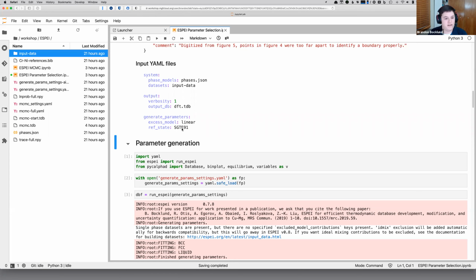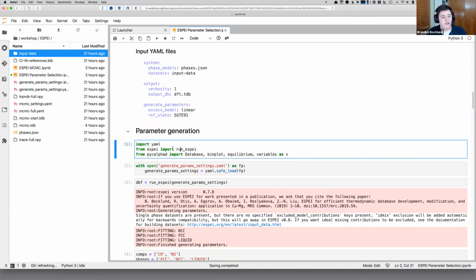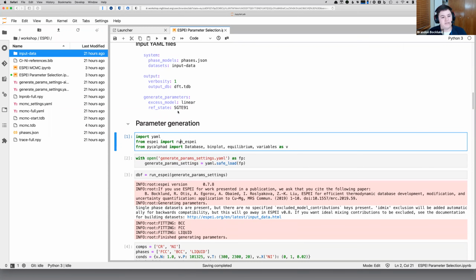If you're not familiar with that, you don't have to worry about it. As I mentioned above, you can bring your own reference state, and that's why we have this key here. You can maybe create a unary for Chrome if you like, and then you could call it Bocklund 93 or whatever you want. There are ways that you can tell ESPEI where to find those, and we have examples about that in the documentation.